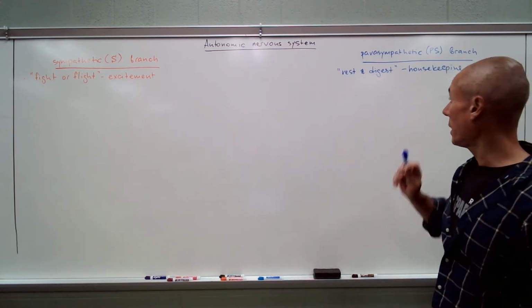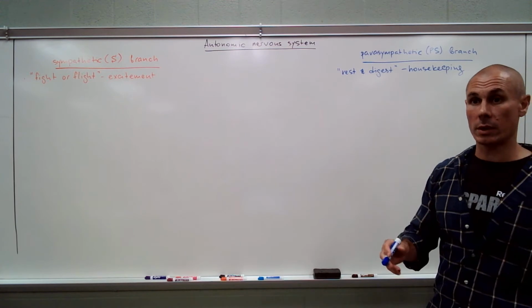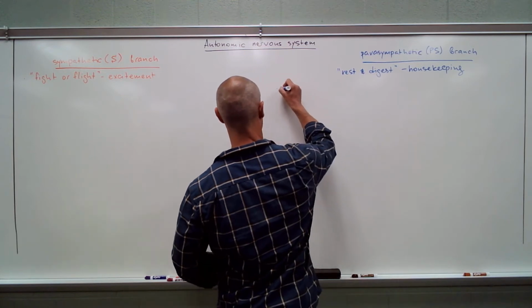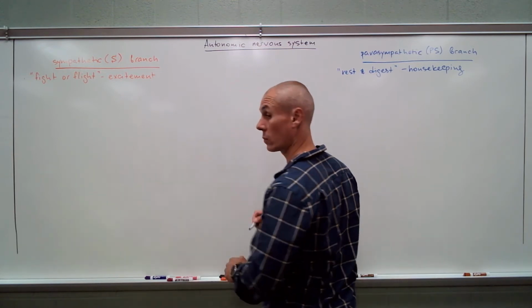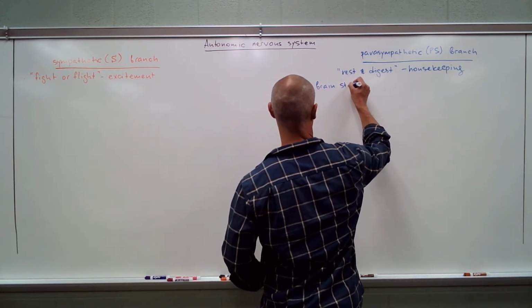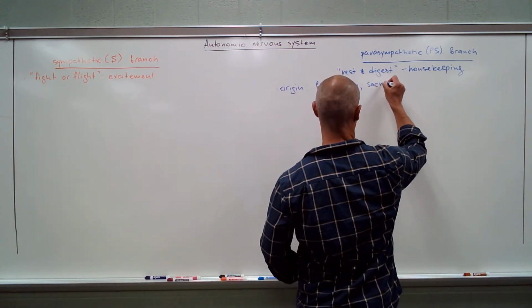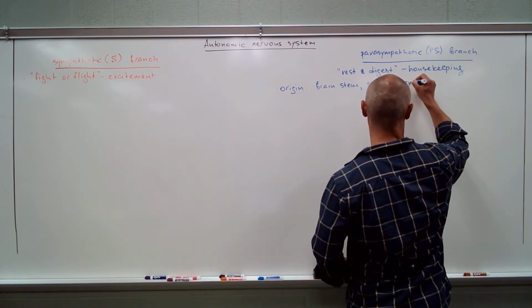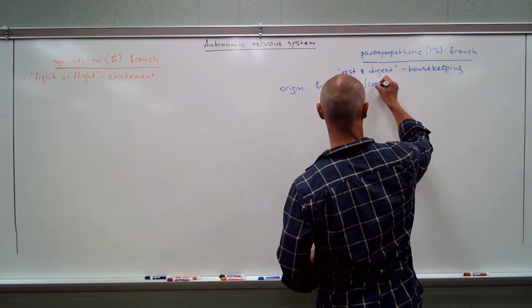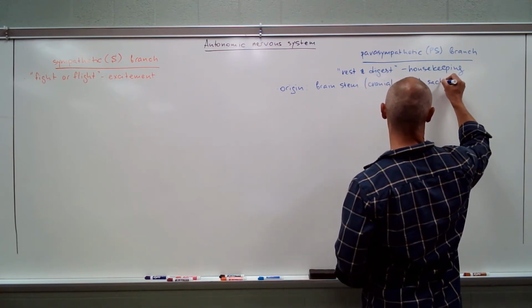I'm actually going to start with the anatomy of the parasympathetic system, and I'm going to start with a general organization. Origin: where does it start? The brainstem, and I'm going to add cranial nerves, and sacral nerves.